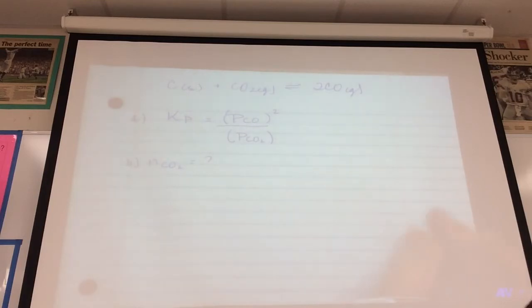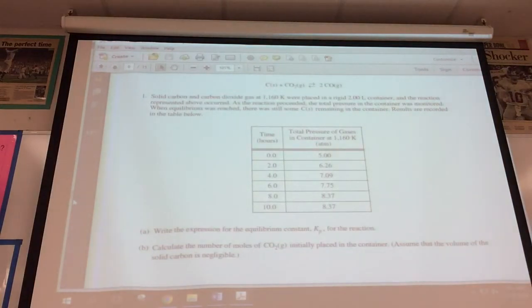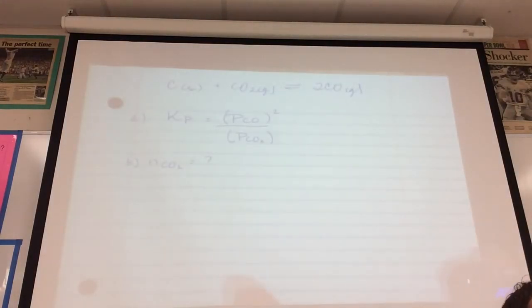And if you don't know what to do, the first thing you're going to do is take a deep breath and figure it out. Don't panic. It says calculate the number of moles of CO2 initially placed in the container. Next question. Nope, you can do it. The key word is initially.